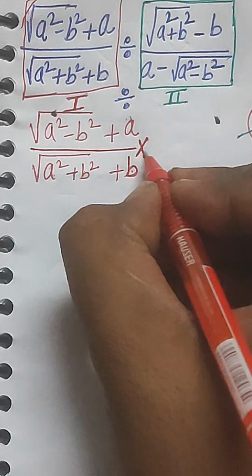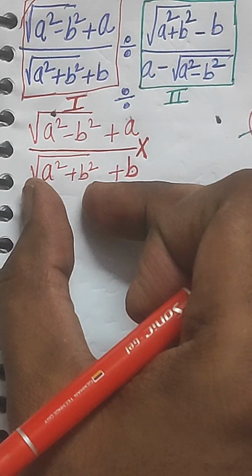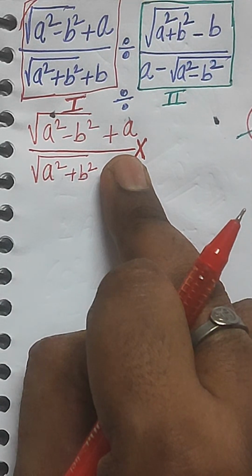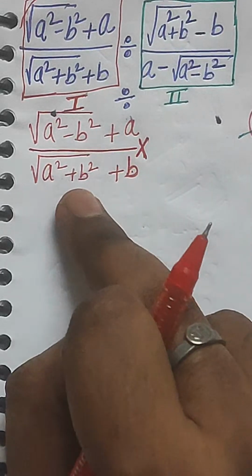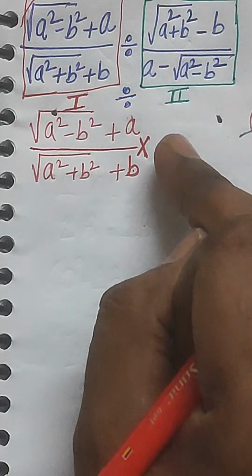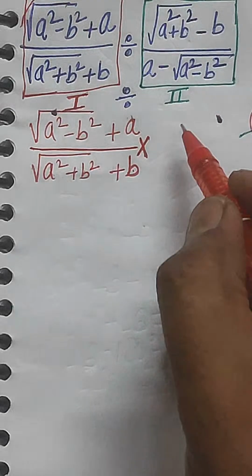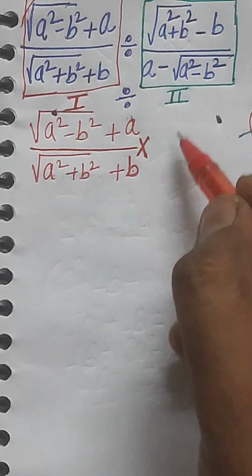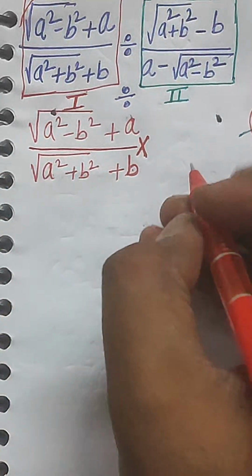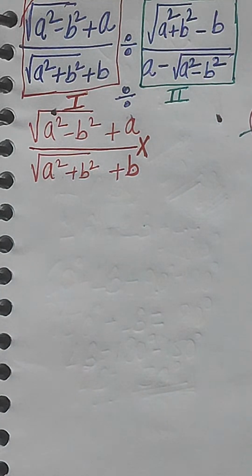If it is not eliminated by direct multiplication, otherwise if it were root over of a square plus b square only, and plus b was not there in the denominator, then we can simply multiply the denominator with root over of a square plus b square, and similarly into the numerator also root over of a square plus b square will be coming, so that after division it will be cancelled out, but this will help to remove the root. So when you rationalize it, right, what we are doing, we are rationalizing.